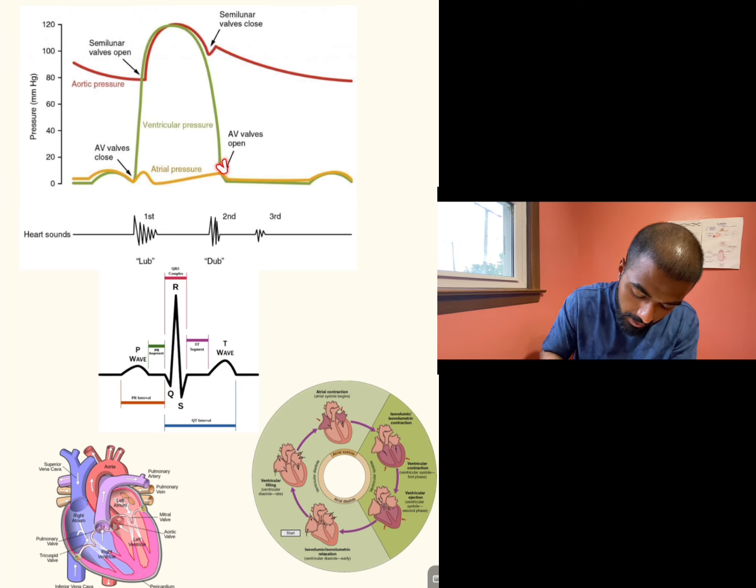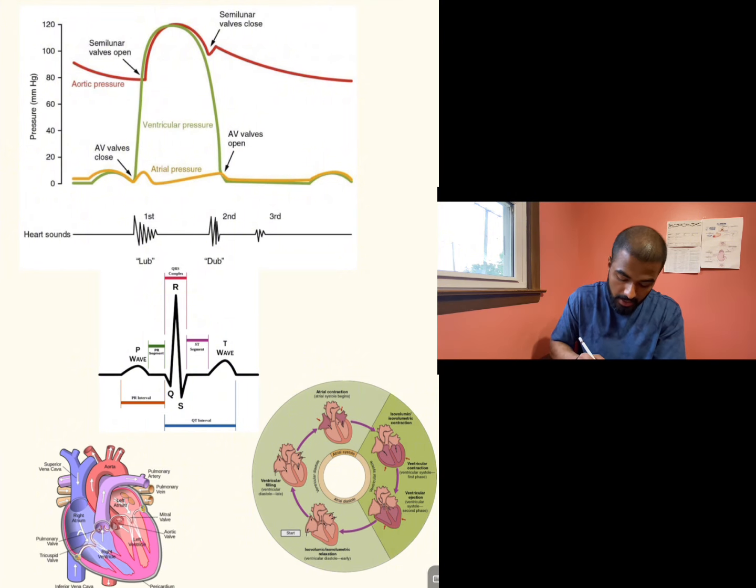Okay, and at this time, the ventricular pressures are lower than the atrial pressures. This pressure is lower, this pressure is higher. We don't want the blood to flow back from the aorta or the pulmonary artery, so we need to close these semilunar valves.